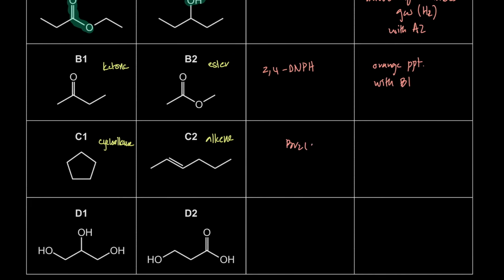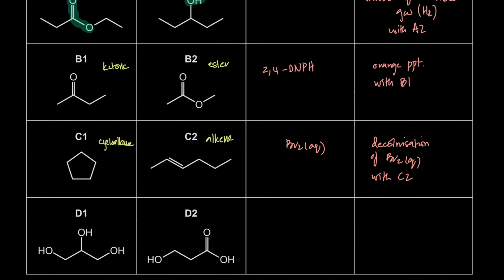So we can use aqueous bromine, and the observation is that compound C2, the alkene, will decolorize aqueous bromine. So you can say decolorization, or brown to colorless, or orange to colorless. Decolorization of aqueous bromine with compound C2.